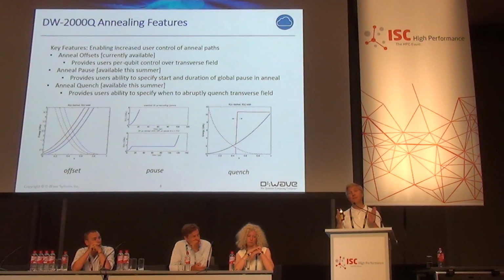And so at that fixed portion in this pause region, the system is actually behaving as a full quantum mechanical system because we have both sigma x and sigma z terms present driving the dynamics of the system. I'll show a second example that demonstrates the use of that feature.